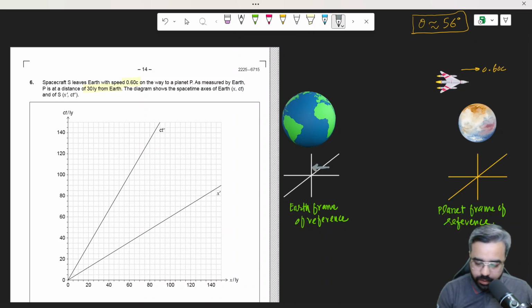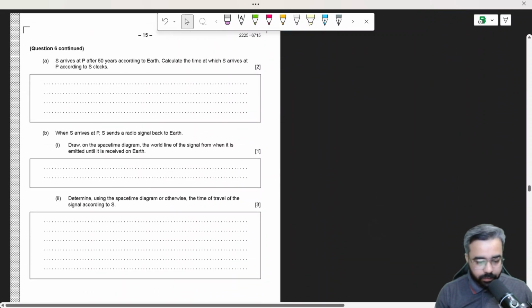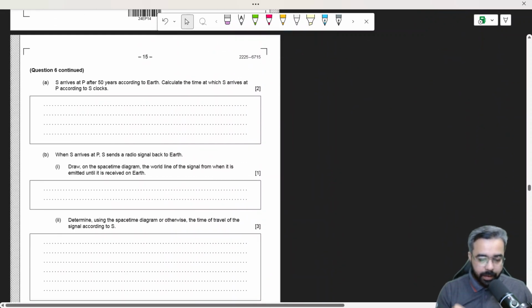Dear students, the value of x, the distance according to the Earth observer, is 30 light years. But when we calculate the distance according to the person in the spaceship, it will be different. Let's see our first question: S arrives at P after 50 years according to the Earth.